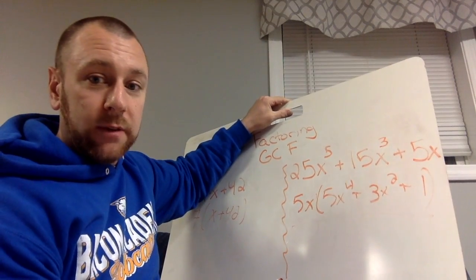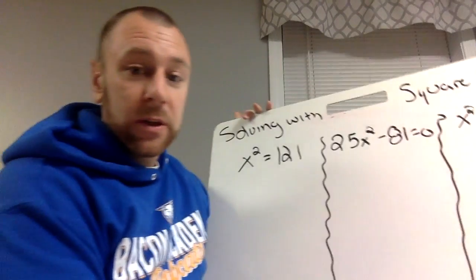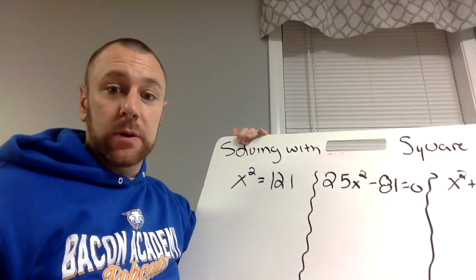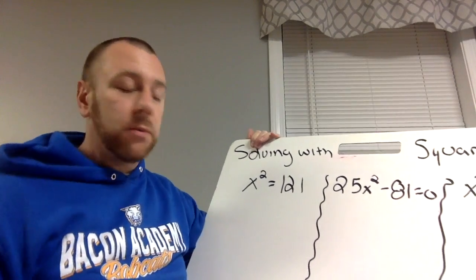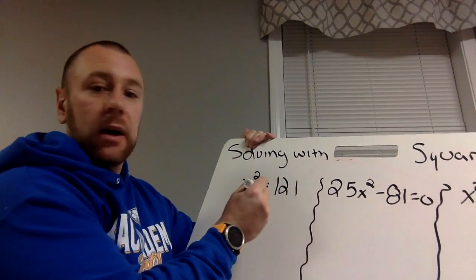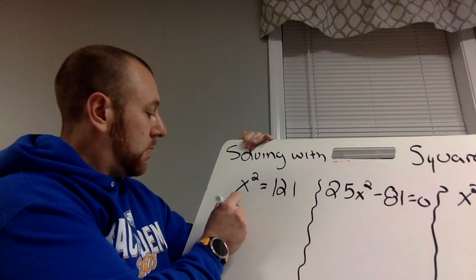The second part of this lesson is on solving with square roots. Now, what you have to remember with solving with square roots is there's two answers. So it's not as simple as when you were in geometry, because we're now in Algebra 2. So now I have x squared equals 121.